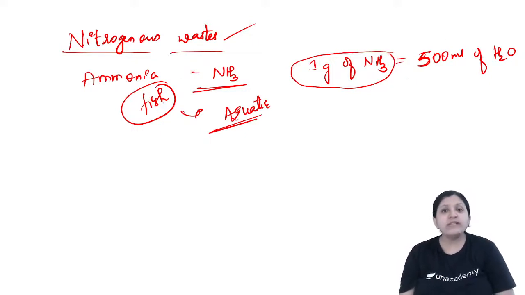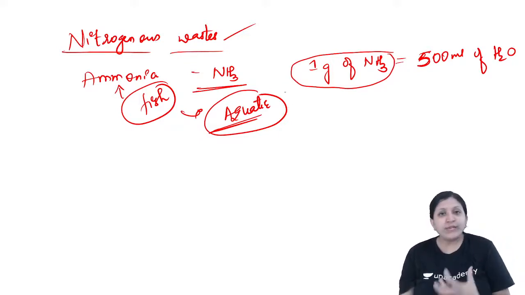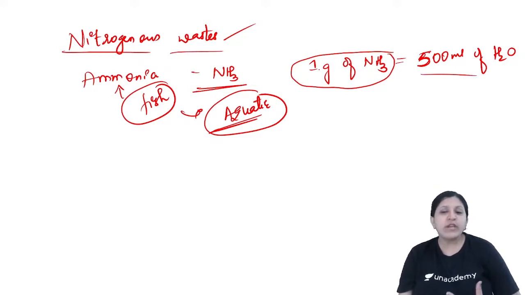Since fish form ammonia and are present in the aquatic water itself, they need not drink water. Since the body is completely circulating with the water itself, this ammonia will be removed by the water. That is why it is aquatic.